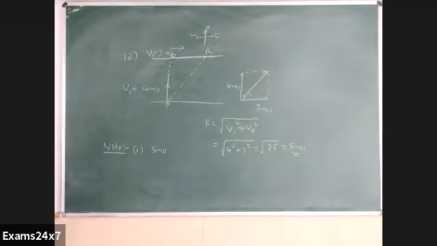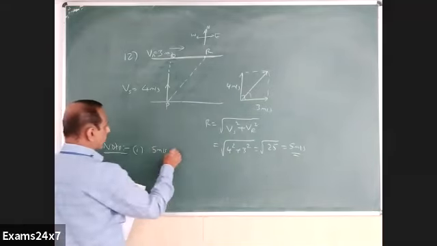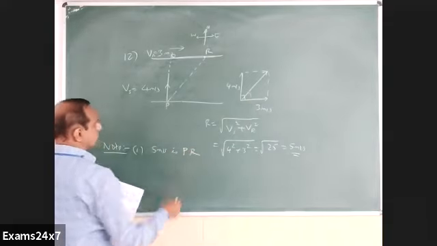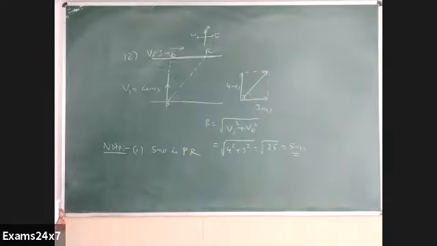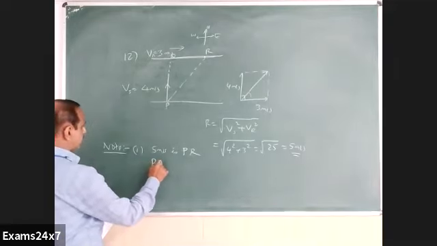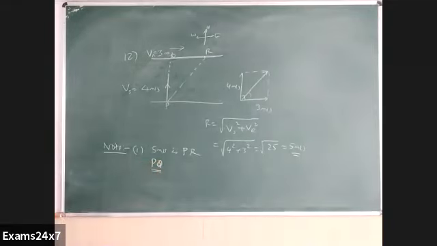Present path, with the resultant velocity 5 meter per second, is PR, which is more compared to the shortest path, PQ. Stress on this. Shortest path is PQ here, the perpendicular distance between the two sides. PR is more compared to the shortest path, PQ.